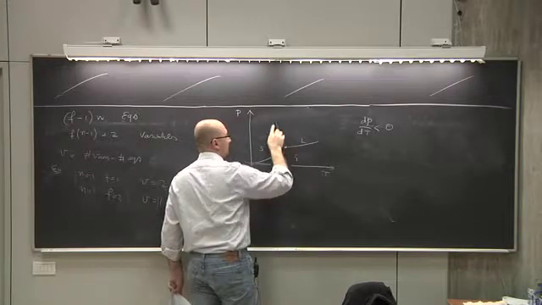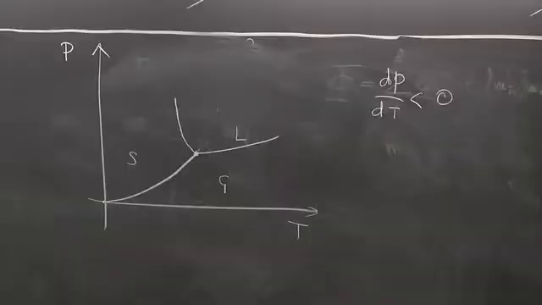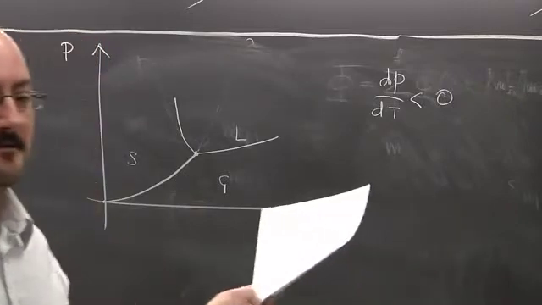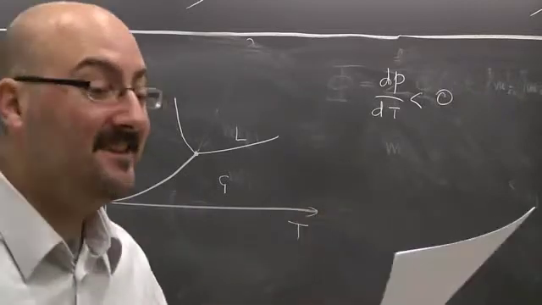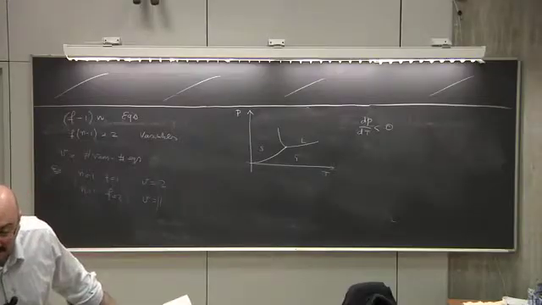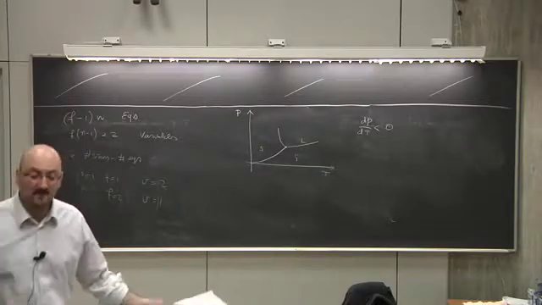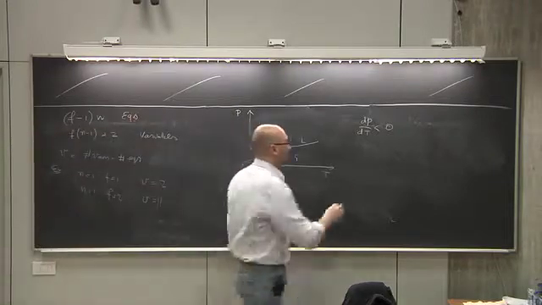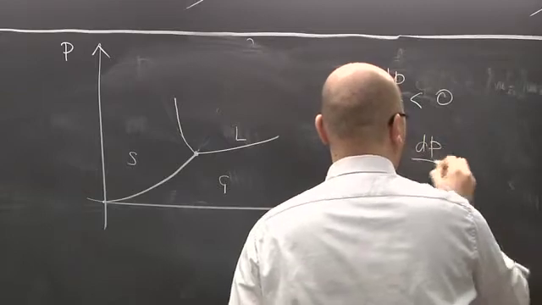It's actually pretty steep because dP over dT is very negative. Why is it negative, first of all? Yes, but we had an equation for dP by dT, right? What was the equation for dP by dT?